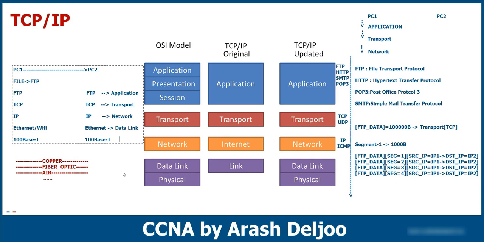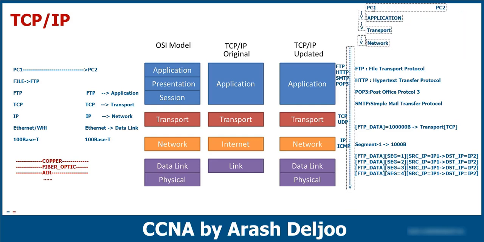Very good. Because of that, you learn in this part that because we need to send traffic from PC1 to PC2, we need some steps. First, the application should receive the original data and make it ready for sending to the destination application.